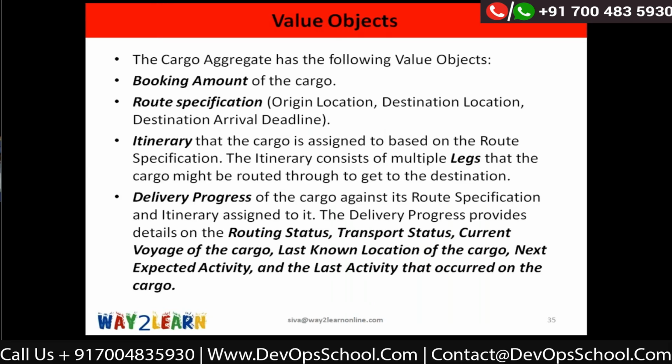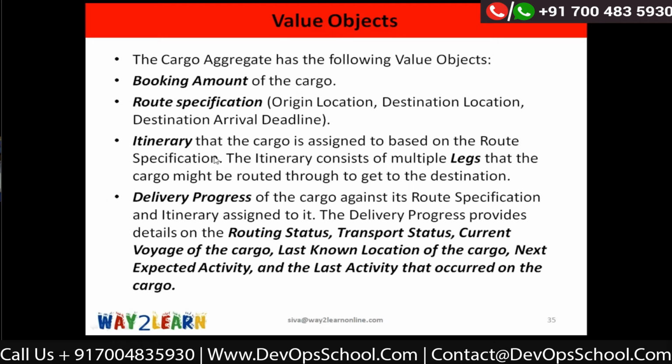Now, value object. Value object means what? It does not have an identity of its own, and it always belongs to some aggregate. So for my cargo, whenever I'm booking a cargo, the booking amount does not have any identifier, right? It's a value object.